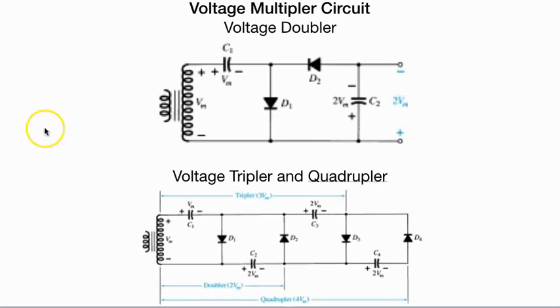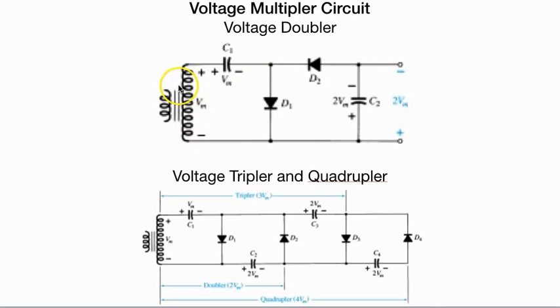Now there are voltage multipliers. This is a doubler and this is a tripler. Now if we talk about the doubler, then you can see that if there is a positive voltage, then plus Vm. Okay, and this diode D1 will be short circuited and there won't be any output voltage.